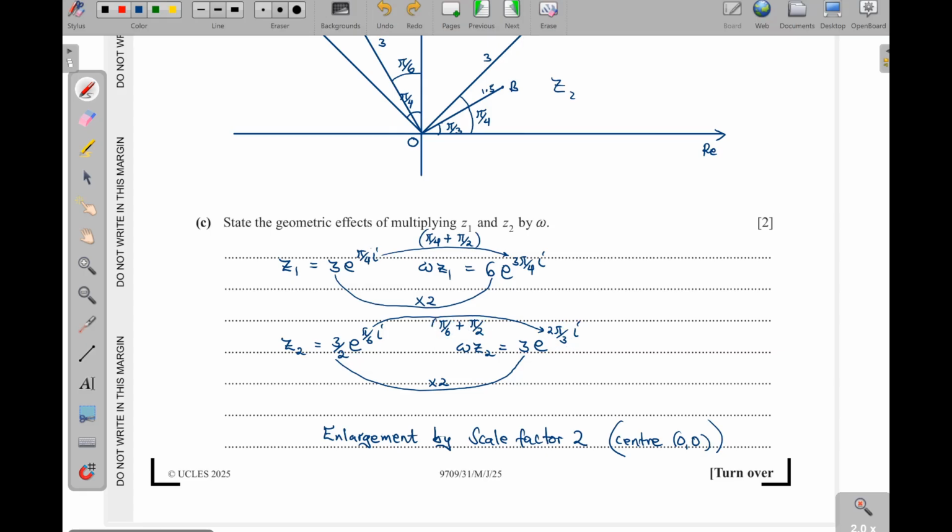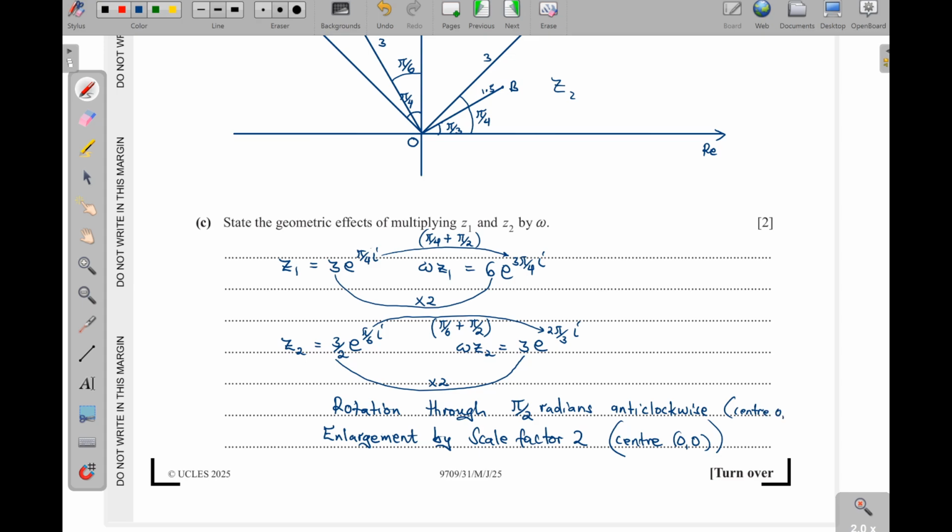Does that make sense? So that means the next geometric effect that we can talk about is rotation through pi over 2 radians, anti-clockwise. For rotation, you have to tell us, I can also add on center.